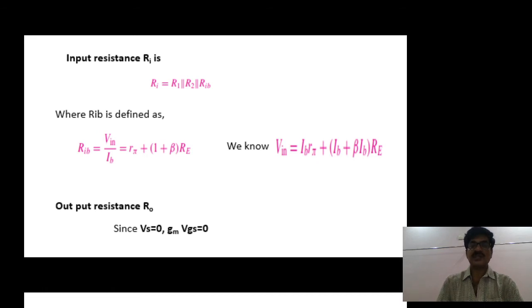Therefore the output resistance R0 equals RC. Clear? See the equivalent circuit diagram. Since gm Vgs equals 0, the current source is zero, which means it acts as an open circuit. Therefore, if you look at the output resistance, only one component is there, that is RC. That's why R0 equals RC.